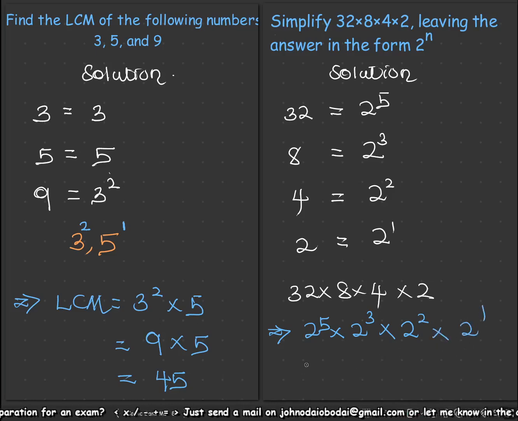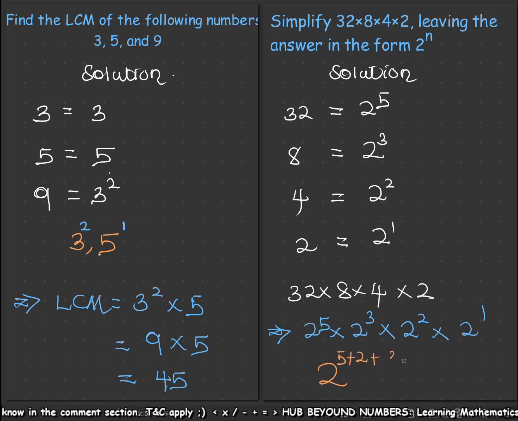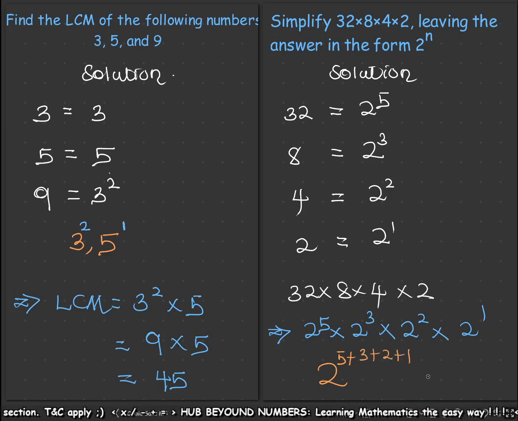The laws of indices say if you want to multiply out index notations and the bases, this is what we mean by the bases, they are all 2. So if all bases are the same, just write one of them. Then you add the indices. That is 5 plus 3 plus 2 and then plus 1.